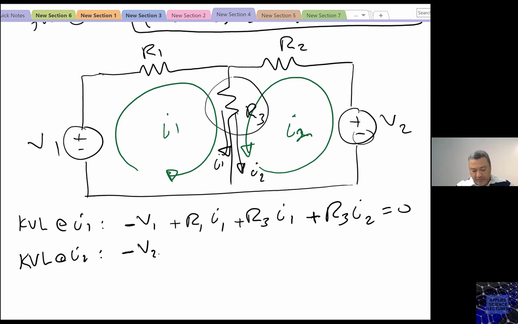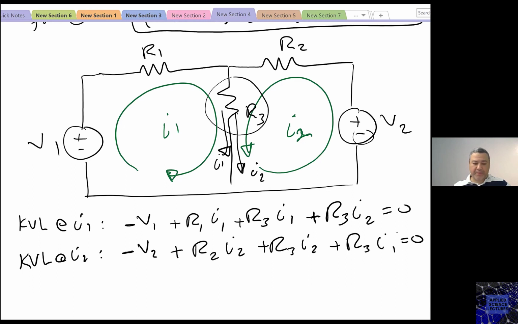Right? Now, if I take KVL at I2, I have I2 entering the negative of V2, so I'll write it minus V2, and then plus R2 I2 plus R3 I2. Now comes to the I1 that is sharing R3. Because it's in the same direction, then I'll write it plus R3 I1, and this equals to 0.